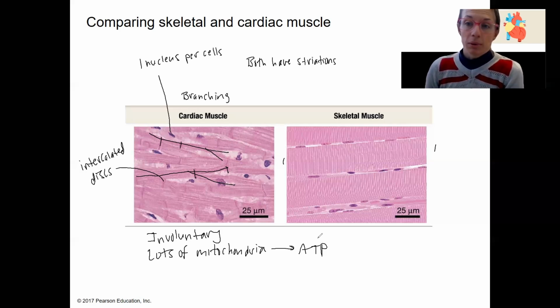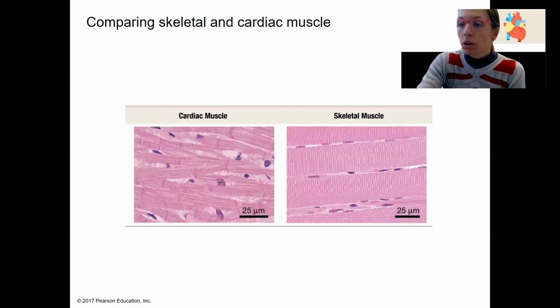They need to be able to contract over and over again, 70 times a minute, 60 minutes an hour, 24 hours a day, 70 to 80 years, a lot, forever. It doesn't stop beating, right? If they stop being able to produce ATP, they aren't able to contract anymore, you die.